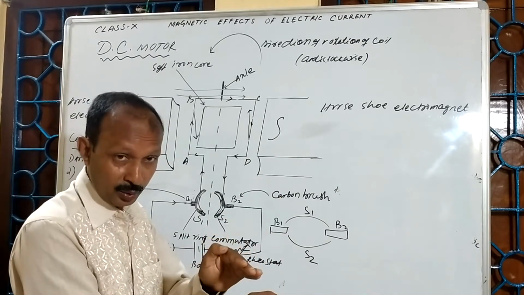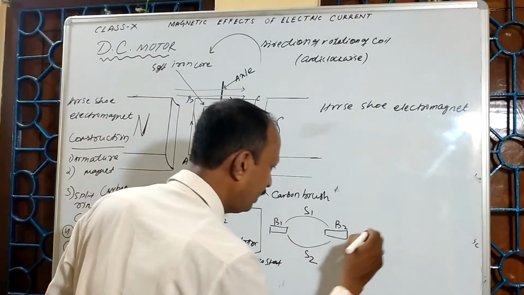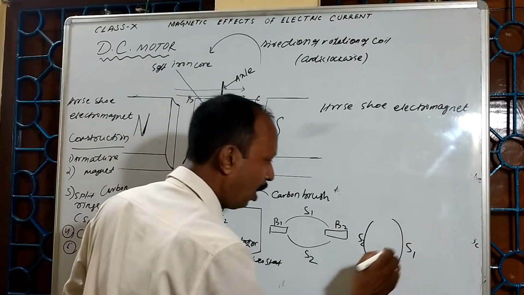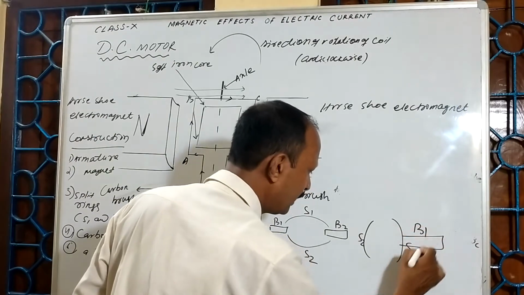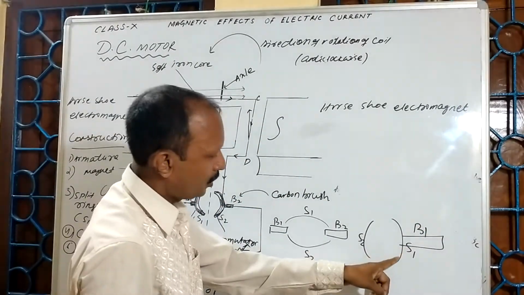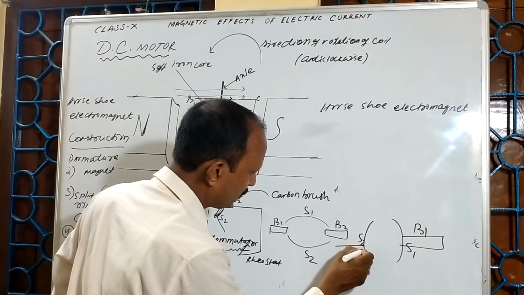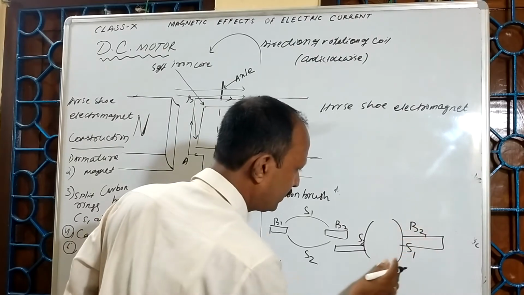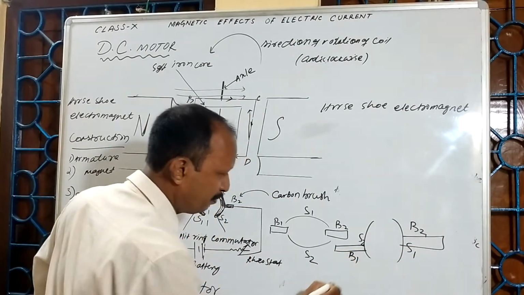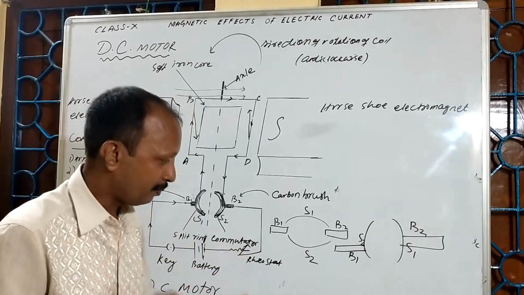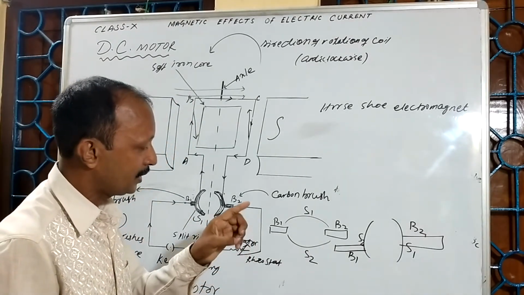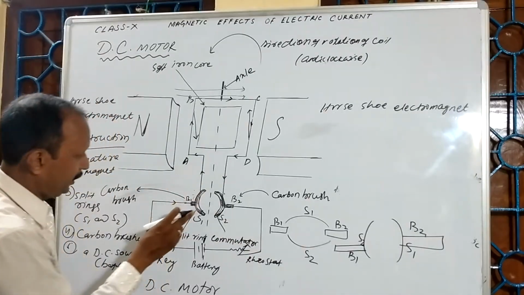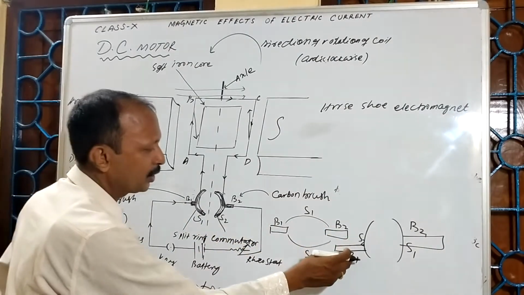Again, when it continues to rotate due to momentum, S1 comes to this side and S2 comes to this side. Now the brush B1 is in contact with S2 and brush B2 is in contact with S1. That means now current is entering from B1 to S2, earlier B1 to S1.